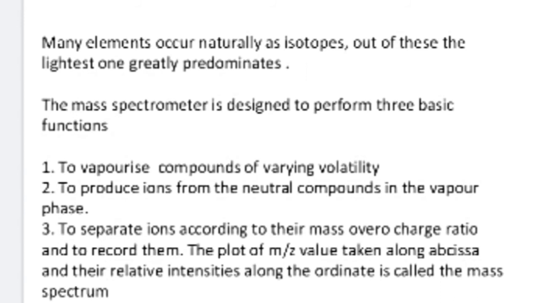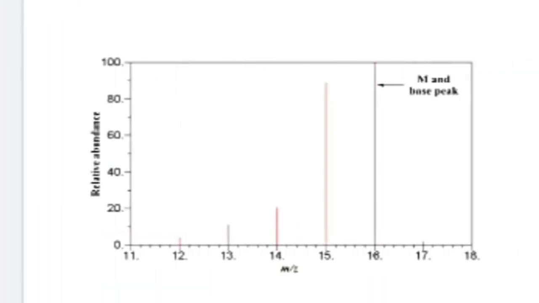The plot of M/Z values taken along the abscissa and their relative intensities along the ordinate is called the mass spectrum. Here is an example of a mass spectrum. On the y-axis, we are taking relative abundance, while the x-axis is M/Z values.